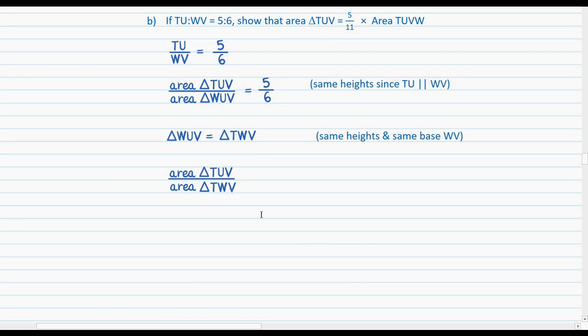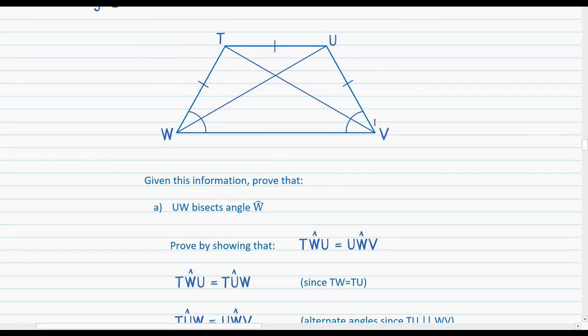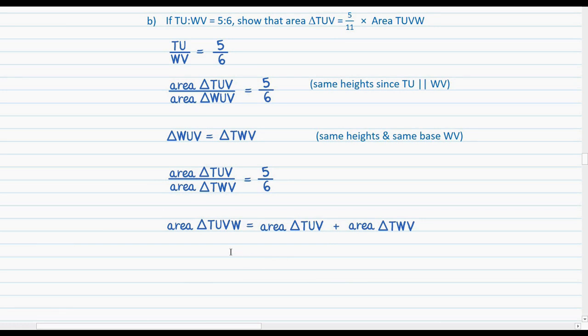Cool. Then remember I just said that we could represent the area of the trapezium as the sum of triangles TUV and TWV, meaning this triangle and this triangle. Then what I'll do is replace this denominator term of area TWV with area of TUVW, which should be the same as area of TUV over area of TUV plus area of TWV.